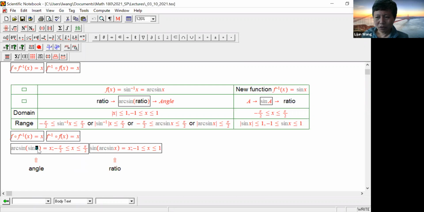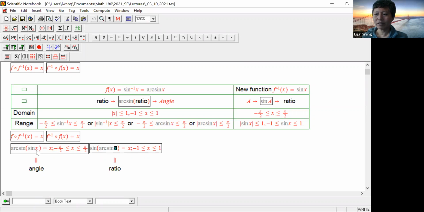The role of this x is determined by the rule applied to it, which has to be an angle because sine takes an angle as input. For this x, arcsine is applied to it, so whatever value you give to this x will be judged by the domain arcsine allows, which means this x has to be between -1 and +1.